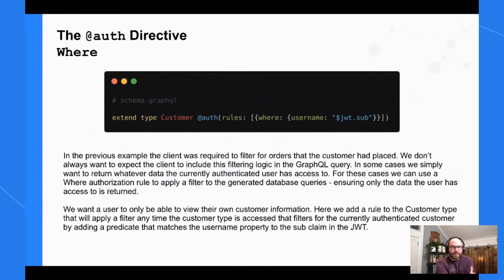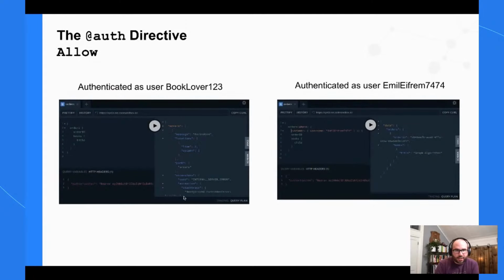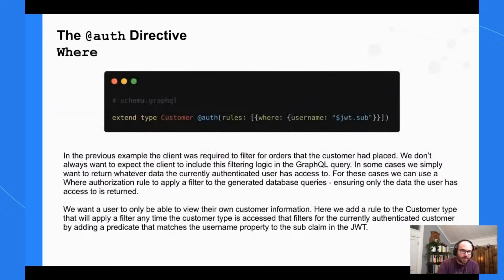Now, the problem in this example here, where booklover123 is trying to get all orders and they get an error, well, it'd be nice if we had a way to filter for the orders that they actually had access to. And that's where the where rule comes in.